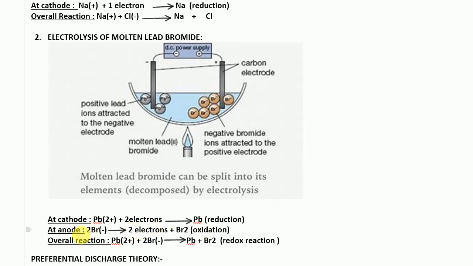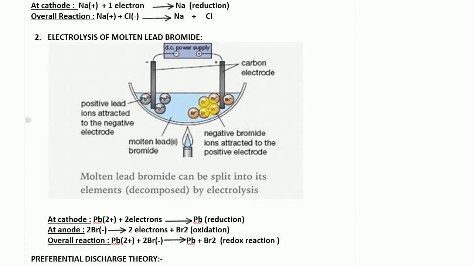And at anode, what is going to happen is that these two Br- ions will lose one electron each. So two Br- ions will lose two electrons and form Br2. So these two electrons which are lost by two Br- ions will be taken by one Pb2+. Pb has two positive charges, so it requires two electrons.